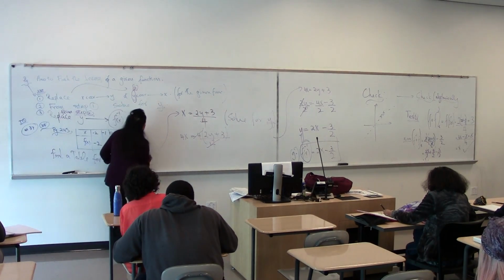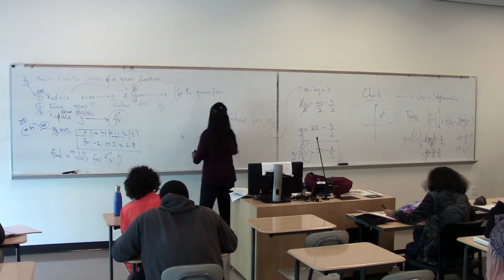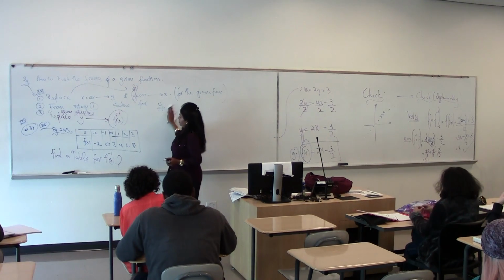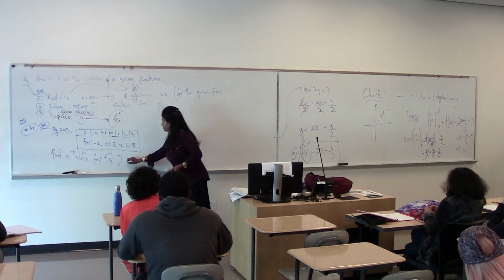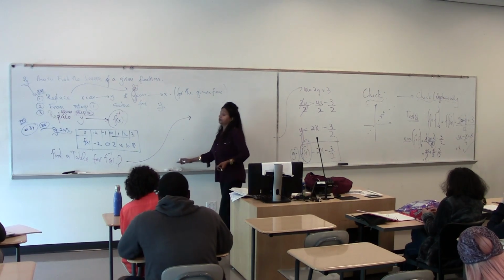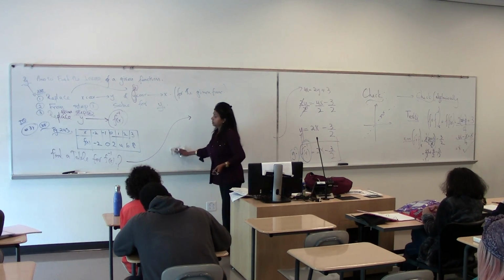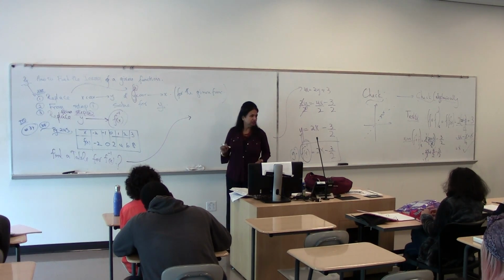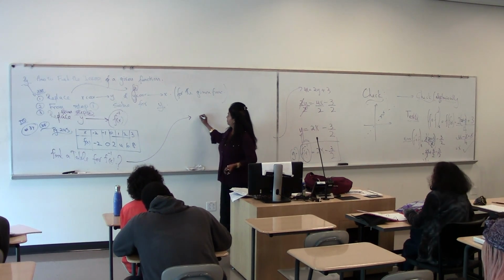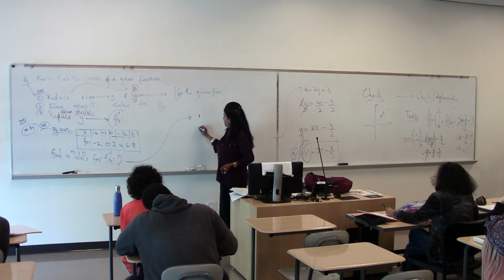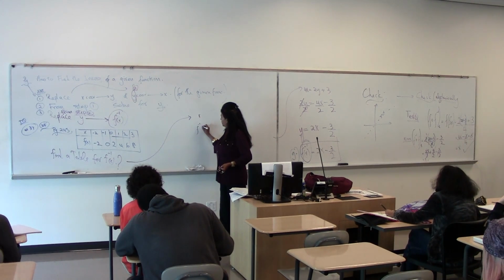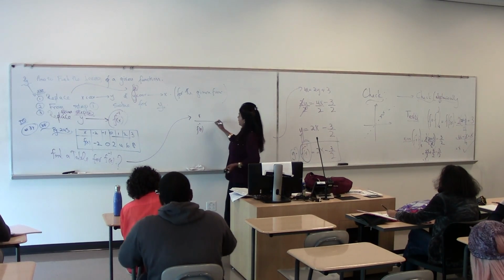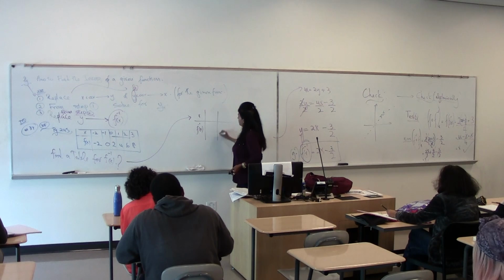Switch x and y. We are looking for the inverse. So how do you look for the inverse? We have x here, we have y here, f inverse of x here, because we are creating a table for f inverse.